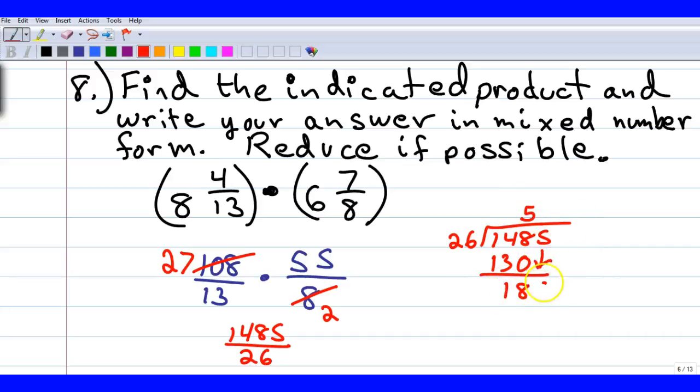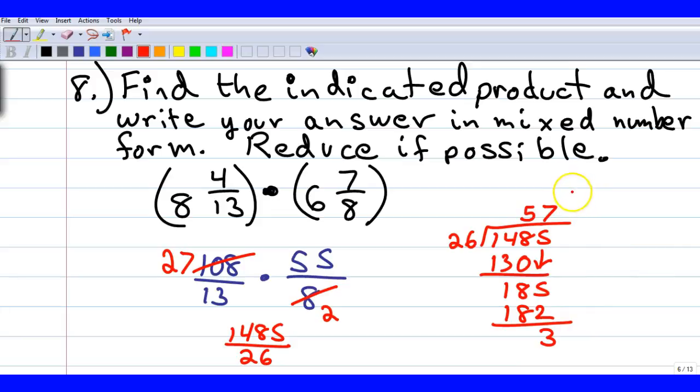Carry down the 5, and I'll have 185. So I'll go again. I already know that this number, 185, is a little bit larger than my other, so it's got to be more than 5. So I estimate about how many times. Let's try 7. And we'll multiply the 7 through the 26. We get 182. Again, do subtraction, and I'm left with 3.